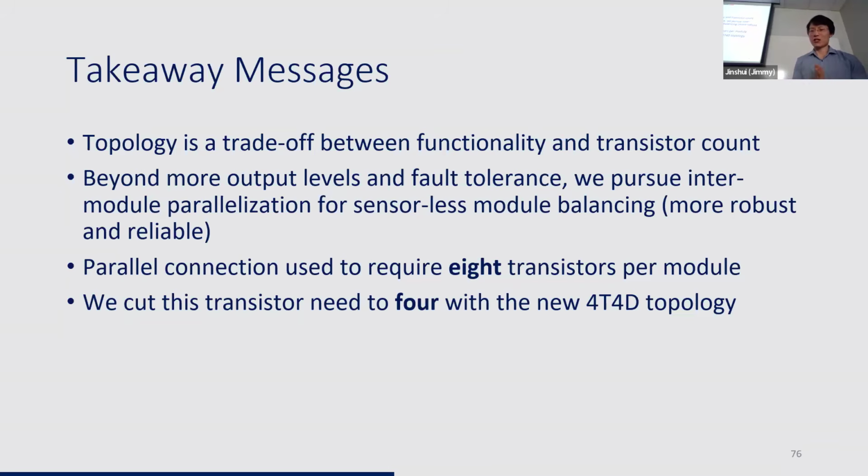In the bigger picture, to be honest, the half bridge will probably remain the most popular topology. However, I believe our new topology can compete with or even replace the full bridge. And this is the first section. If there's no question about the topology, we'll move on to the next.